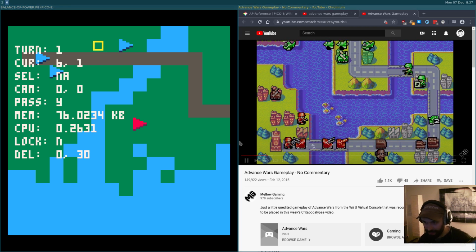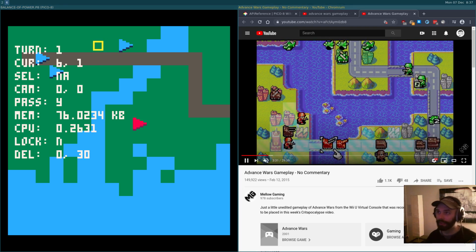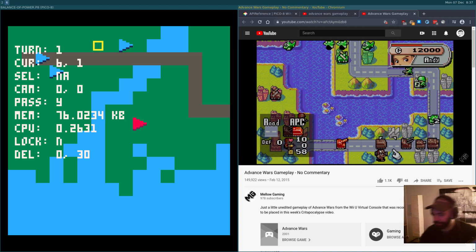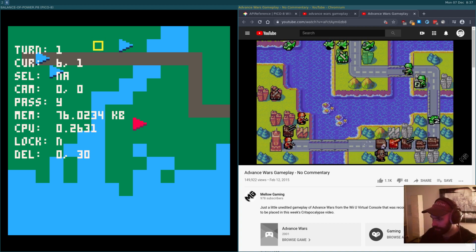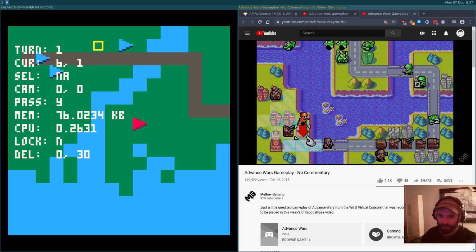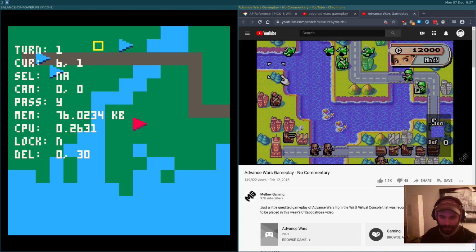We still want to implement some kind of pointer arrow like that. But in Pico 8, I don't know if we want to even try to animate the map like that.